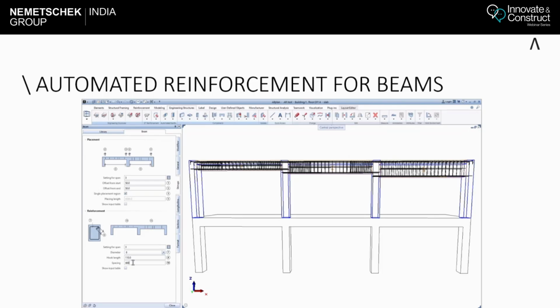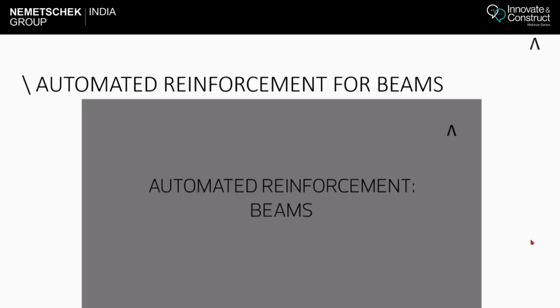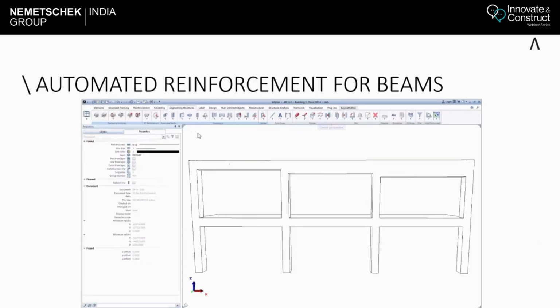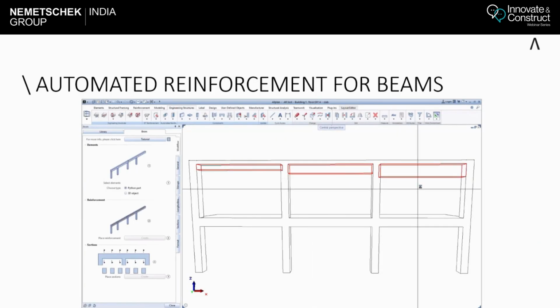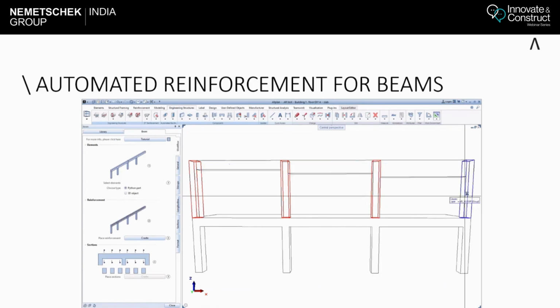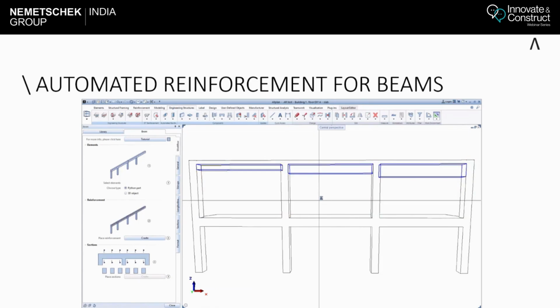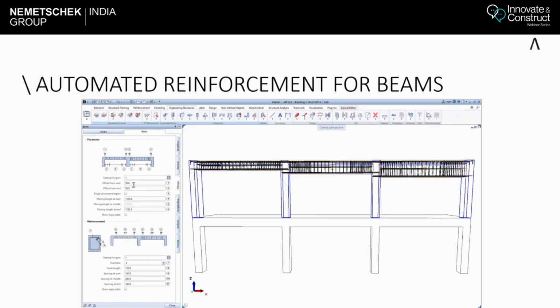Here we have some of the beam macros available. This is basically for a continuous beam, but the same logic applies for the normal precast beam as well. We can use the beam macro, select the beams that need to be reinforced, and select the columns wherein these beams are sitting. Based upon the beam height, we can change the individual rebar for the beam, and the individual stirrup segment length, spacing and all.